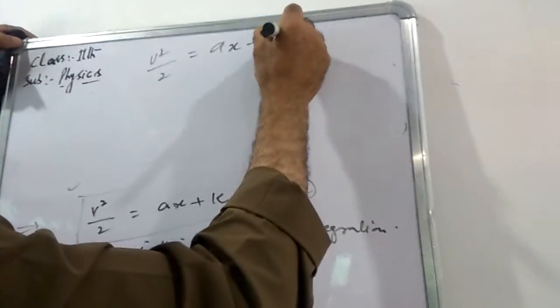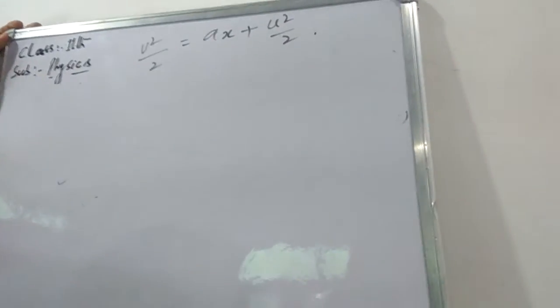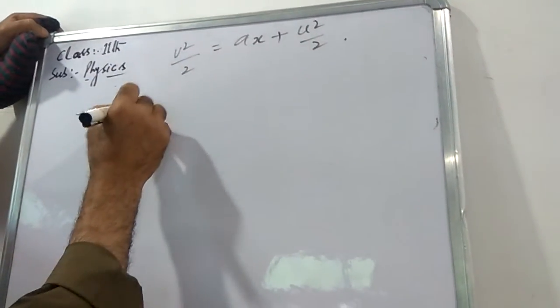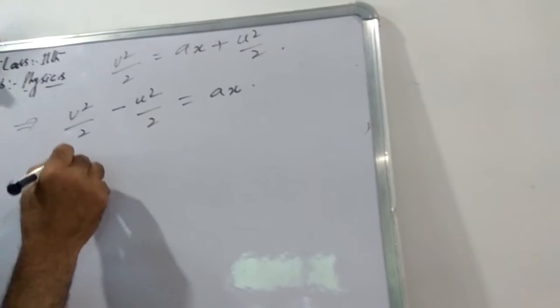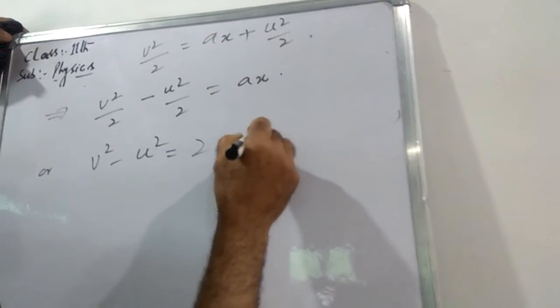For k we will substitute u square by 2. It will become v square by 2 minus u square by 2 is equal to ax, or v square minus u square is equal to 2ax.